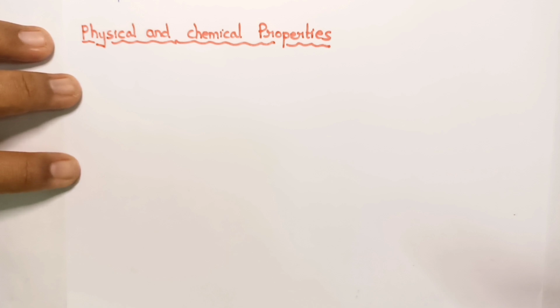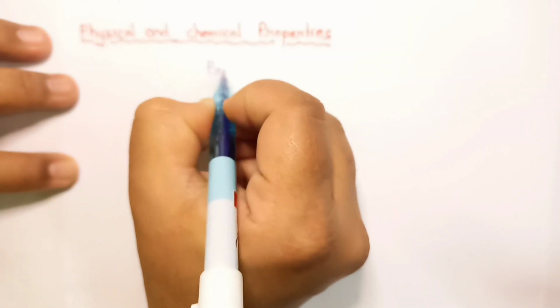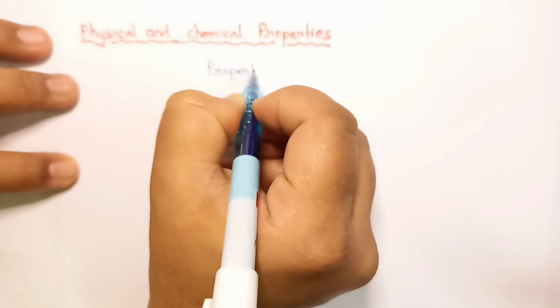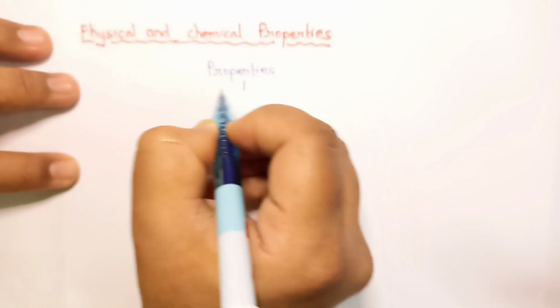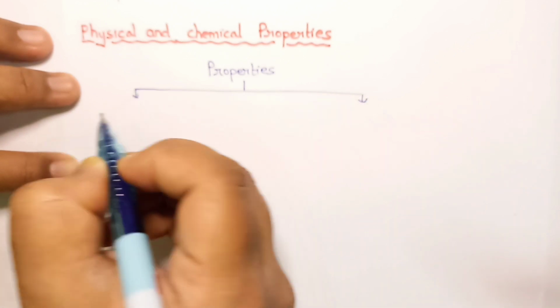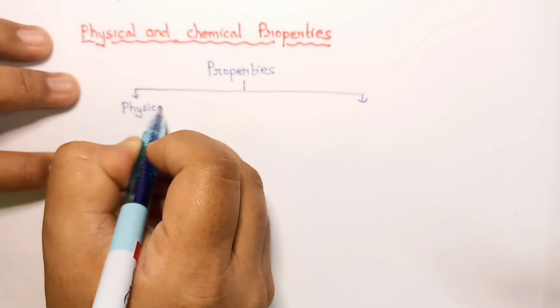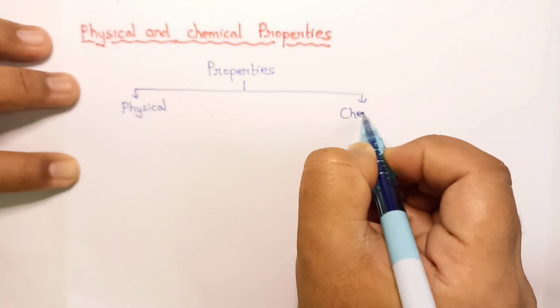Many details of that substance can be told. Now these properties are mainly of two types, that is physical and chemical. Properties of any substance in this whole universe are mainly of two types, physical and chemical.